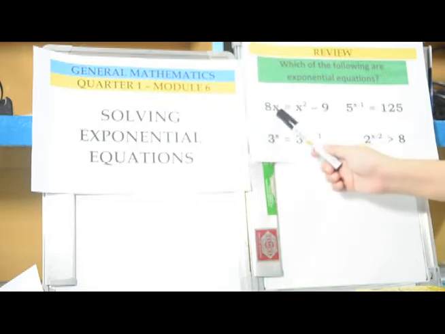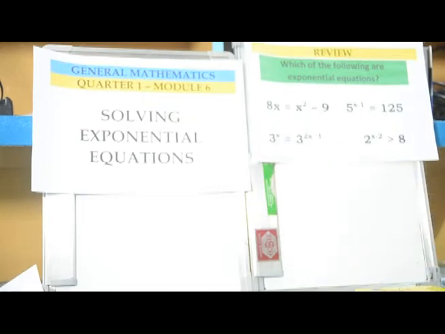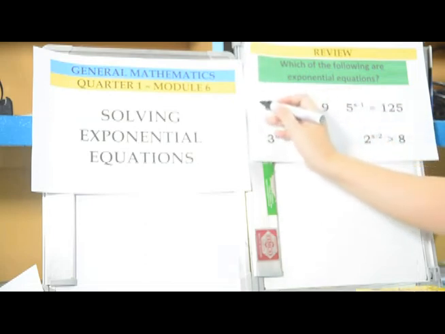Look at the base 8x, where the variable x serves as the base. And so with the other side of the equation, it is being raised to 2. So since the variable x is not serving as an exponent, this one is not an exponential equation. So let's mark it as x.